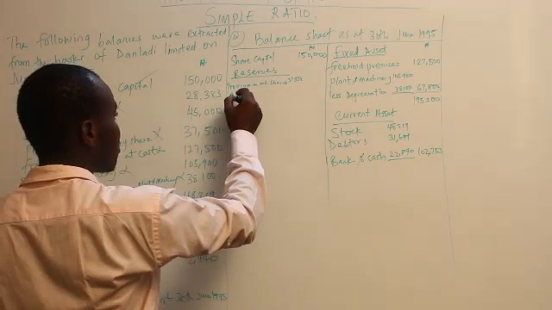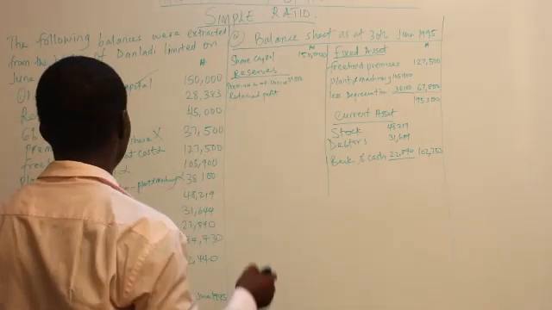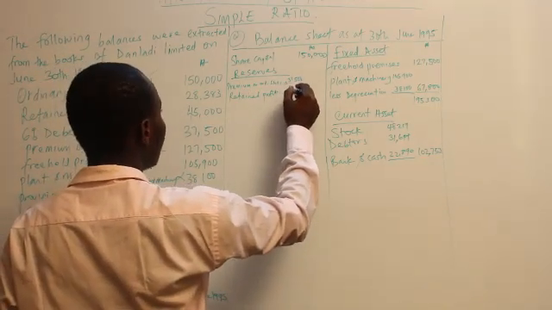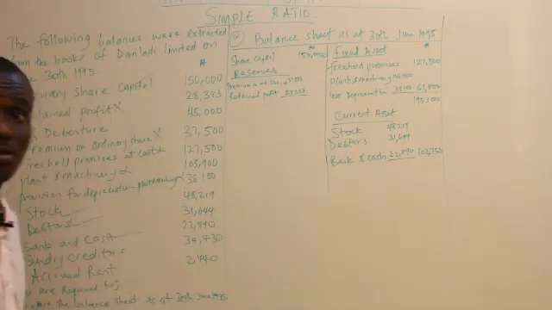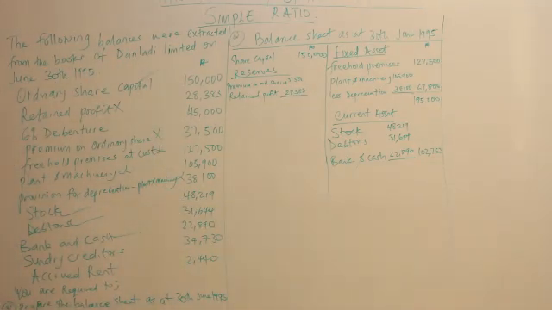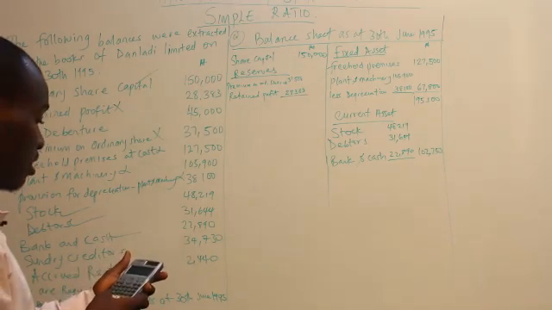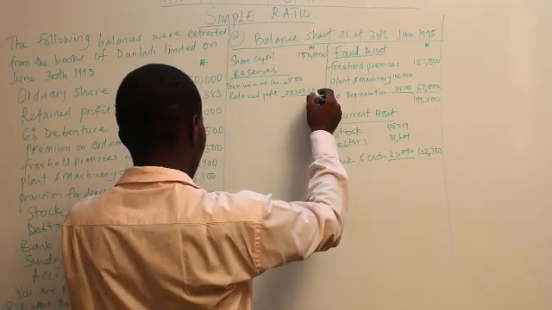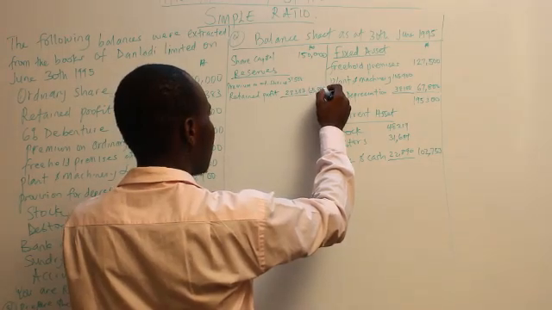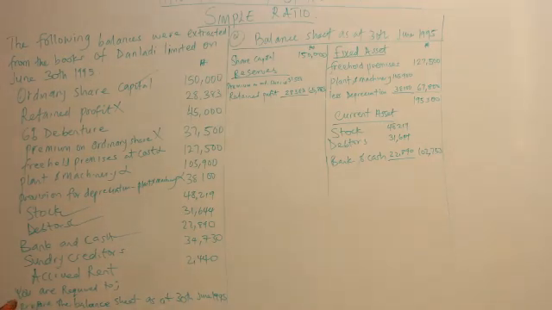Retained profits are also a reserve, since they are not available for distribution as dividends. We have 37,500 plus 28,383, which is 65,883.